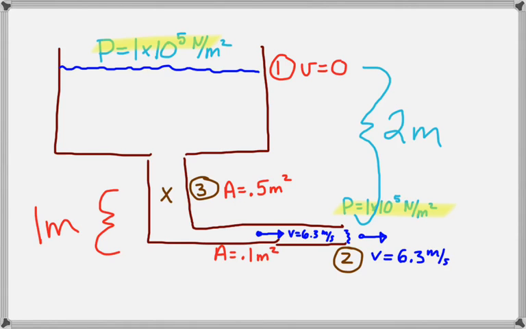So let's do that. What would you need to figure out before you can actually figure out the pressure at point 3? Need the velocity. How would we do that? Yeah, use your A1, V1.